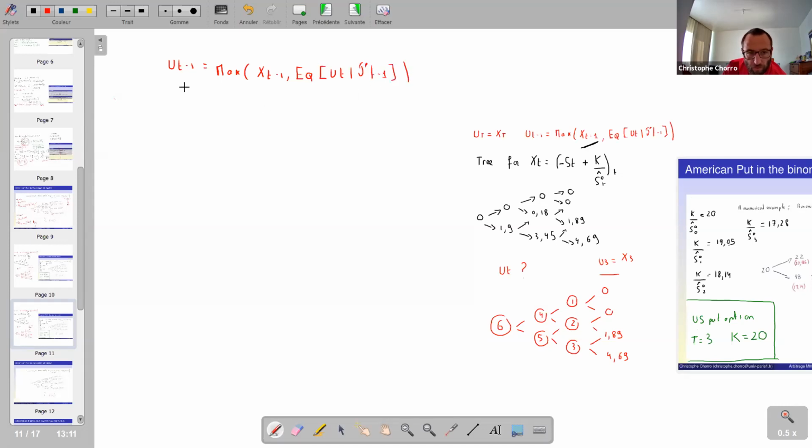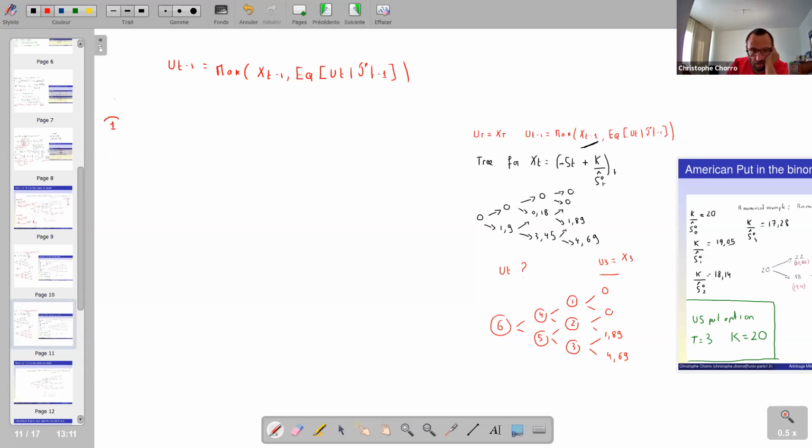So to compute U, I use a backward induction. I know U3, from which, since I have U3 and X2, I will be able to have U2. Then if I have U2, I will be able to have U1, and then if I have U1, I will be able to have U0. So what is 1 here?